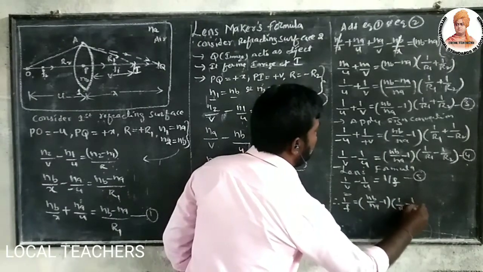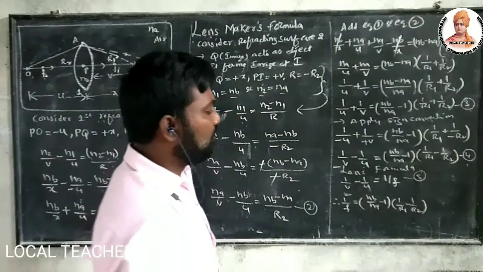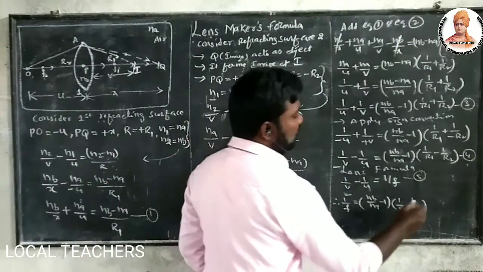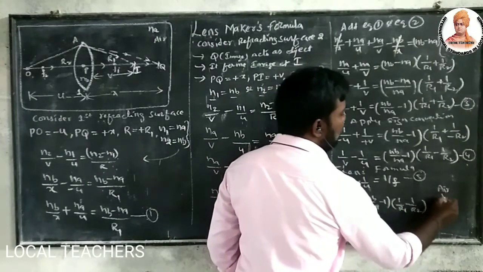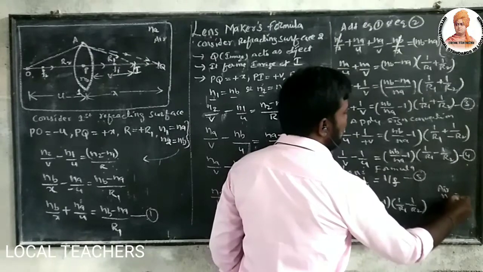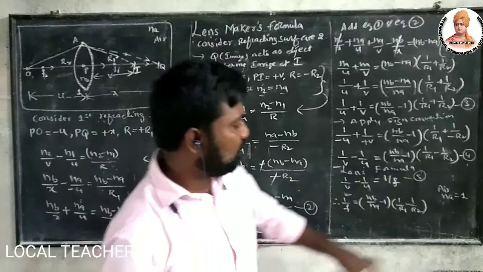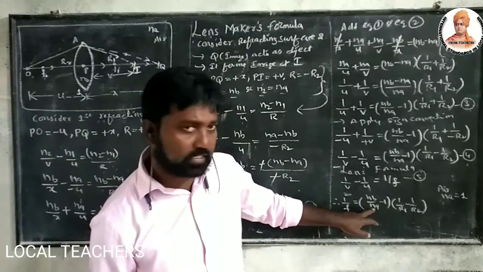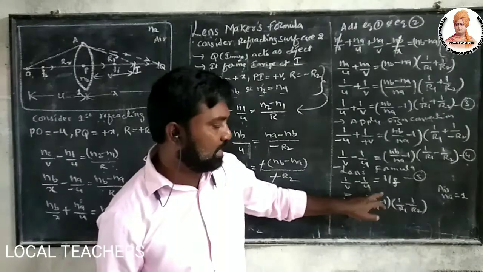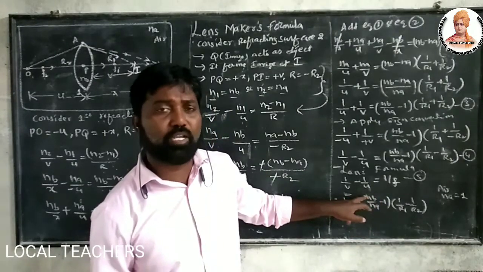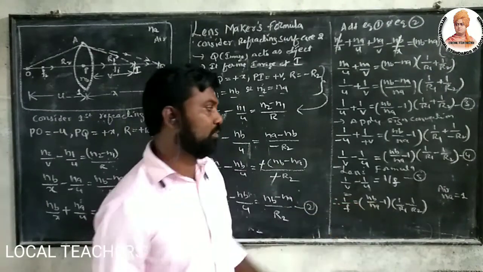by 1 by R1 minus 1 by R2. So what we know here, the refractive index of air, that is NA equals 1. So when NA equals 1, if we substitute it in the equation, only this NB remains. So NB is nothing but the single medium.